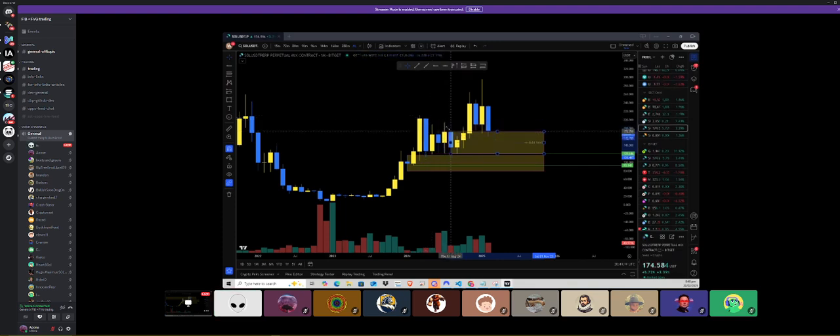And then it went down, and technically it found that as support initially, and then that didn't really hold, and then it found that, and that sent it to the moon.